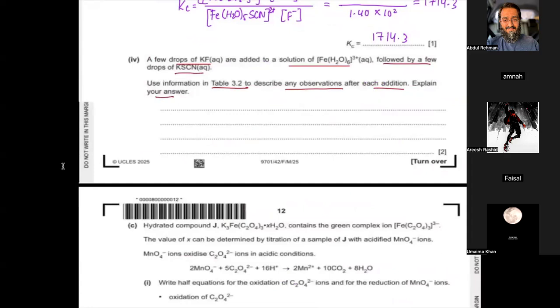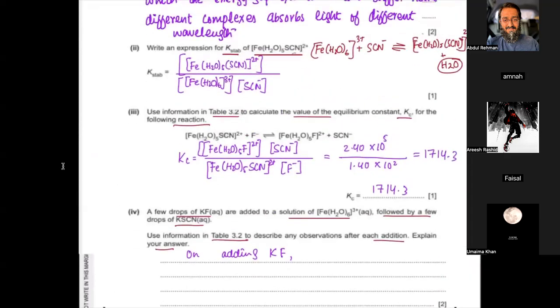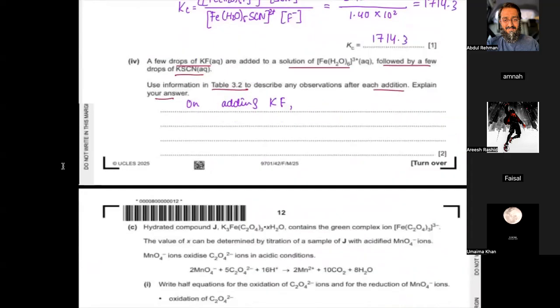So, on adding KF, fluoride displaces water. Okay, they ask you to describe any observation and then explanation. Okay. So on adding KF, it's violet to colorless.